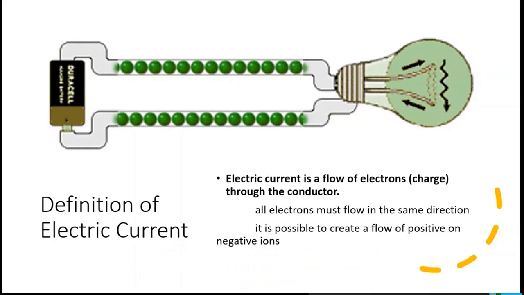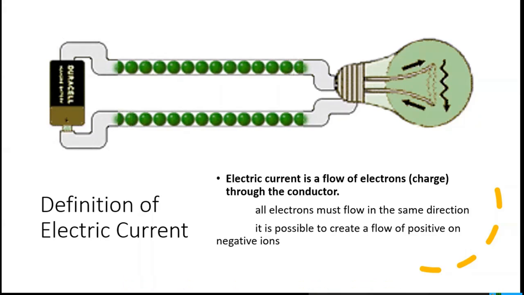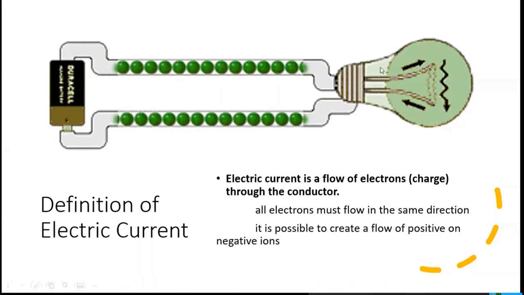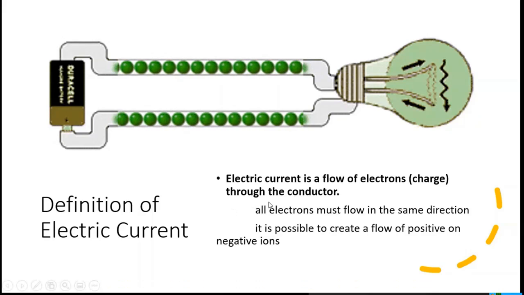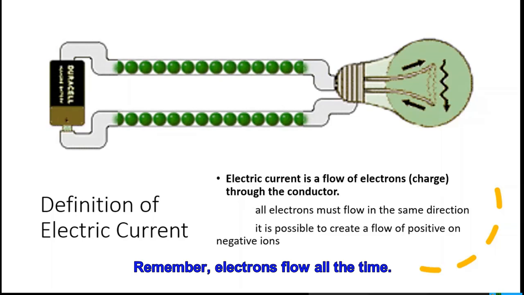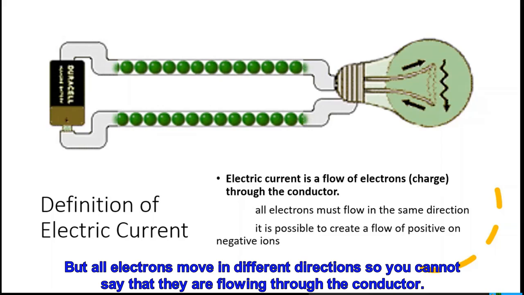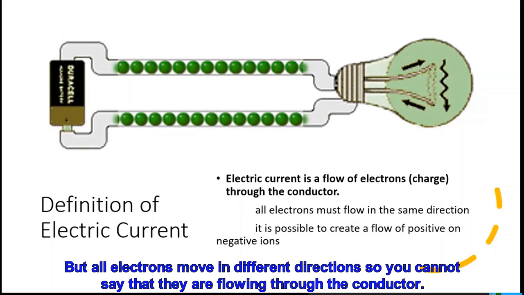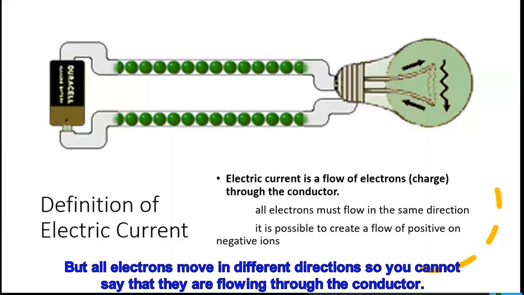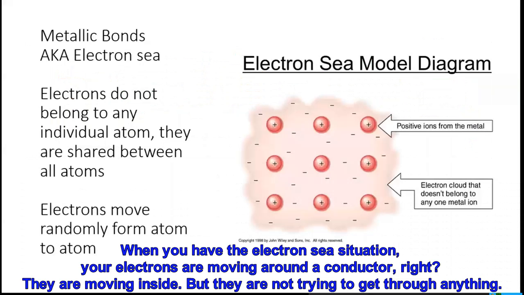Now, we do need to unpack this a little bit, okay? The first and the key word over here is through. Okay, remember, electrons flow all the time, but all electrons move in a different direction, so you cannot say that it's flowing through the conductor, right? When you have the electron sea situation, your electrons are moving around the conductor, right?